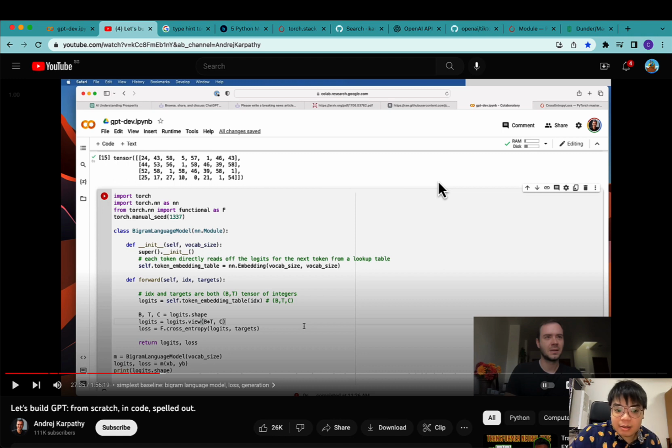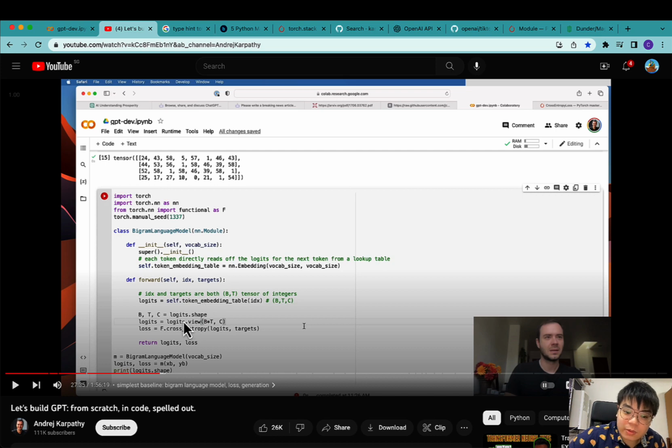I've never seen view before, and personally I didn't know that Torch actually has a functional module here. So they leave the helper functions as individual functions instead of encapsulating them under classes. Okay, I think I learned two things today.